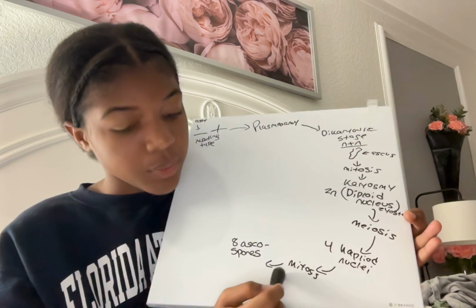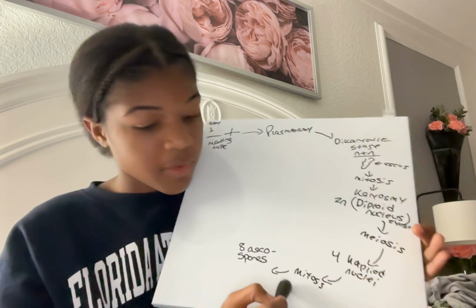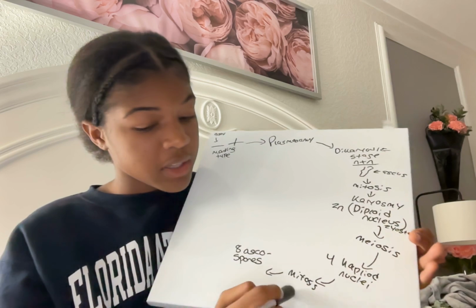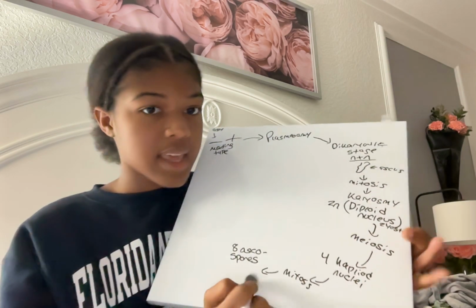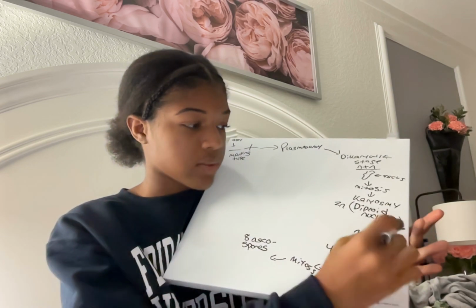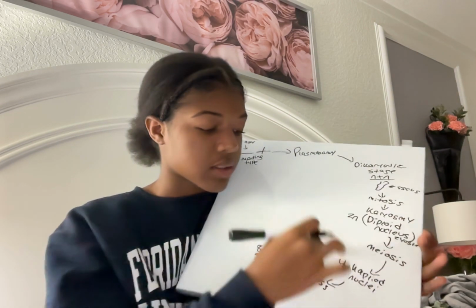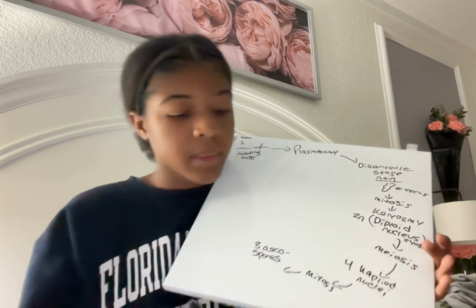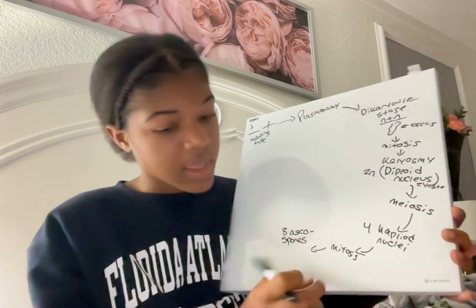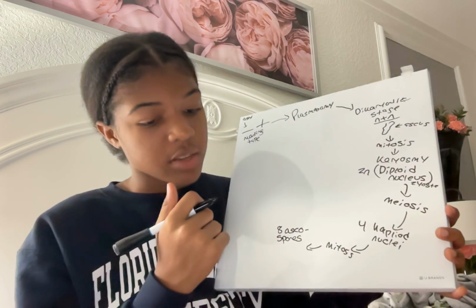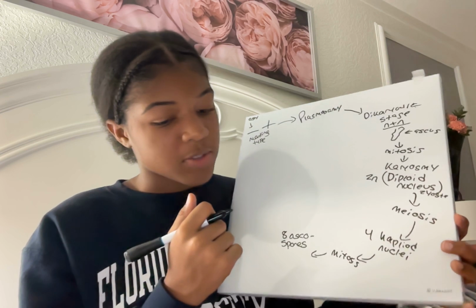yielding 8 nuclei. Cell walls and plasma membranes develop around the nuclei, forming ascospores. From the meiosis, it broke apart into 4, and now we're going into 8. The ascospores are discharged forcibly from the asci through an opening in the ascocarp.